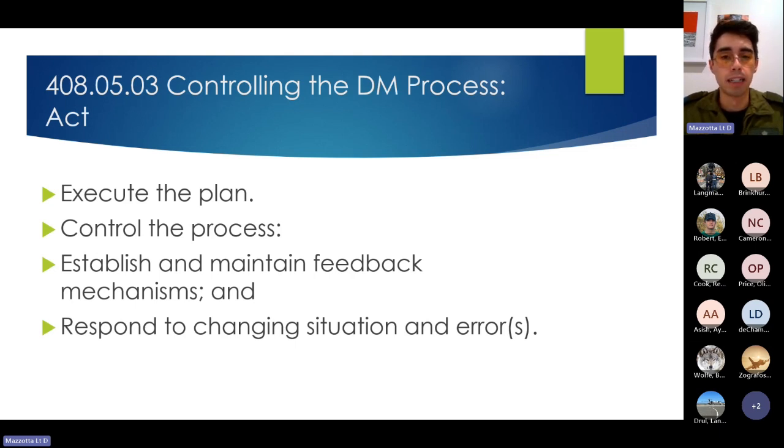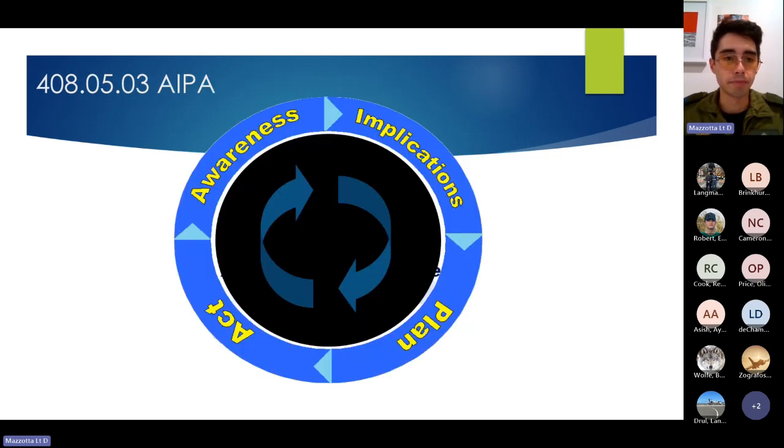But then if you come across a big chunk of sink in the air, you need to close your spoilers and adapt your circuit pattern differently depending on the conditions. That's how we reinitiate the APA model. So we're constantly thinking of the awareness, the implications of what's going on, planning our next step, and then acting upon it.